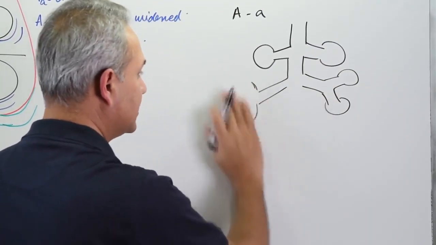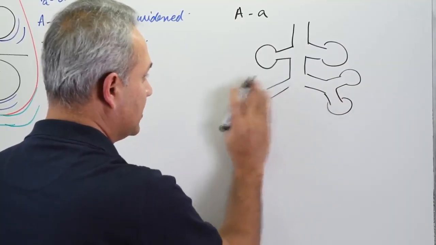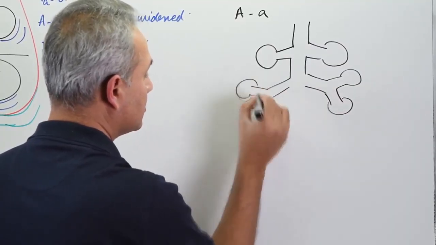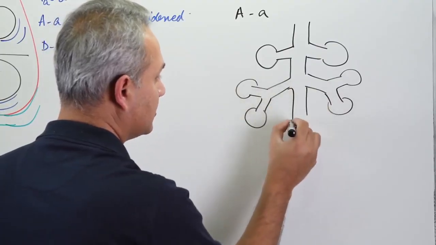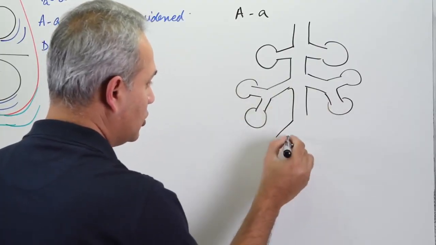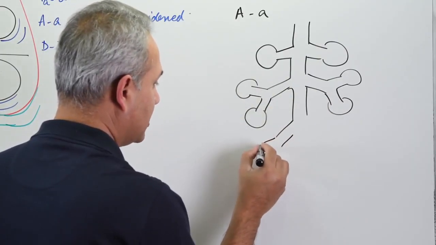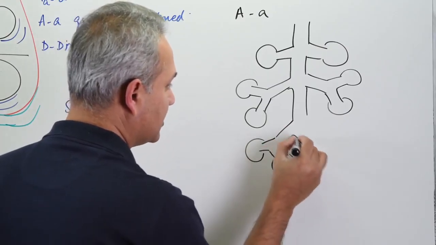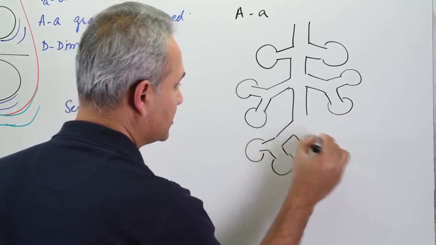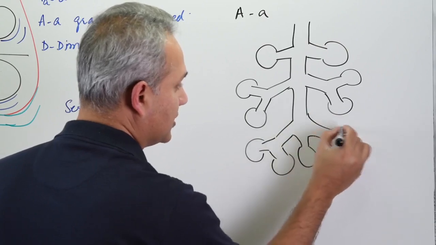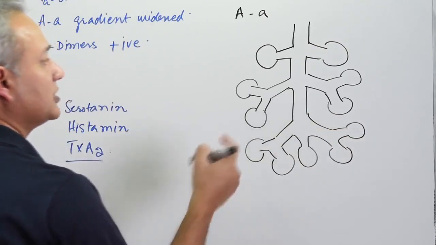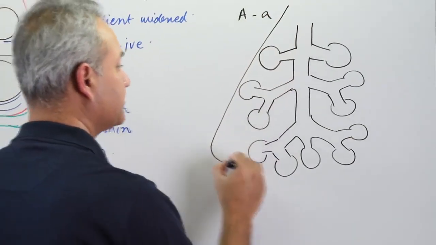I should make this better as well, so let's do that. And then let's say this is the lower basal part, with a couple of alveoli here, another alveolus here. So let's say this is the situation in one lung.